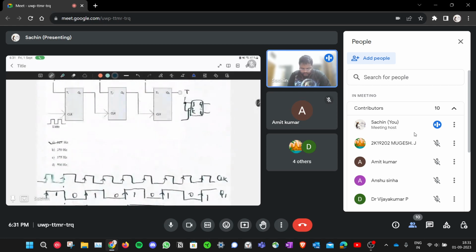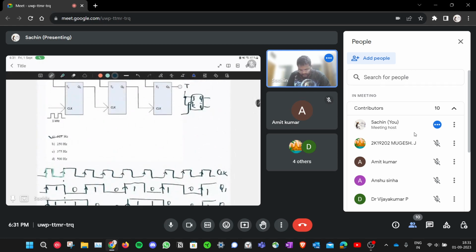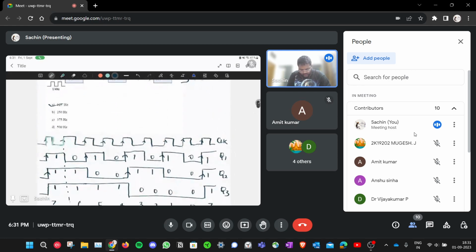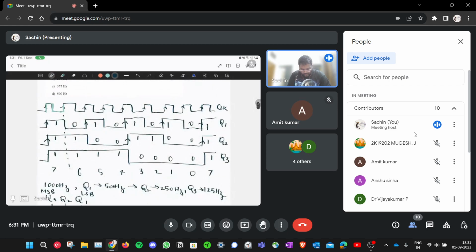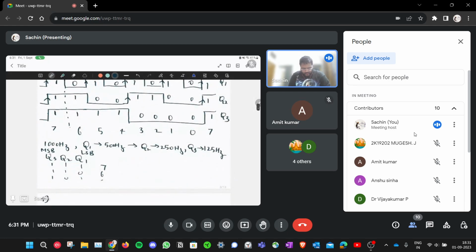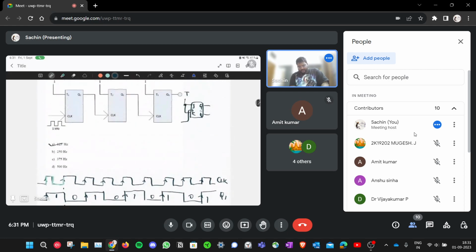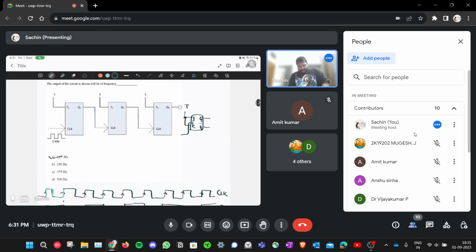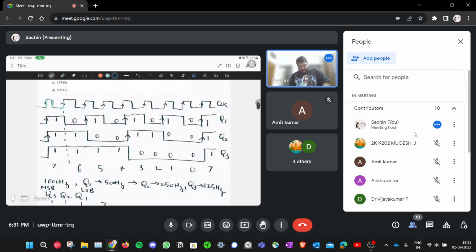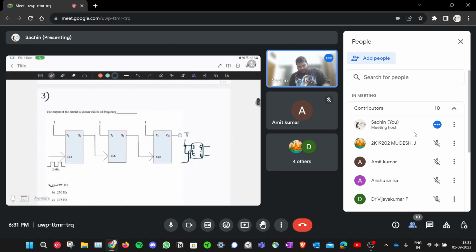One more thing you can notice here is, with 3 flip-flops you are able to count 7 numbers, right? You could go from 7 to 0. Or if the clocks were given as negative edge triggered, then it would count from 0 to 7. You'll see all that later.